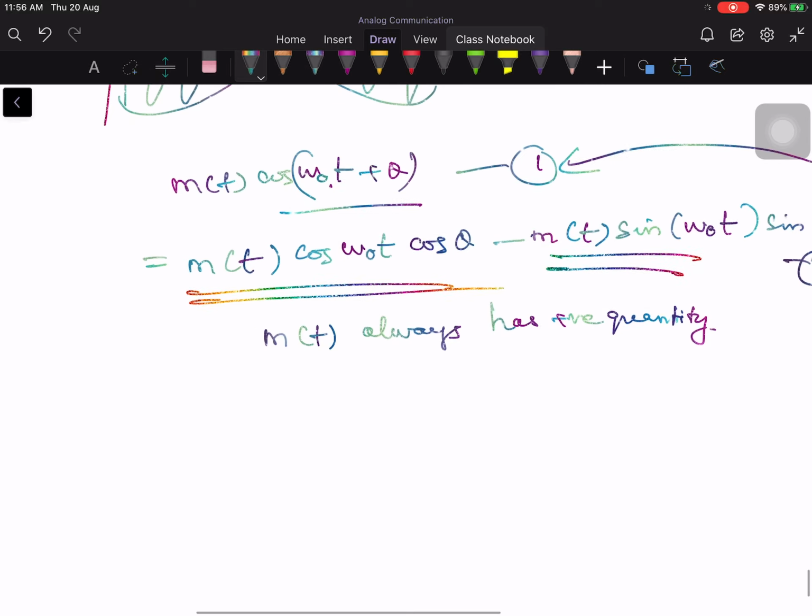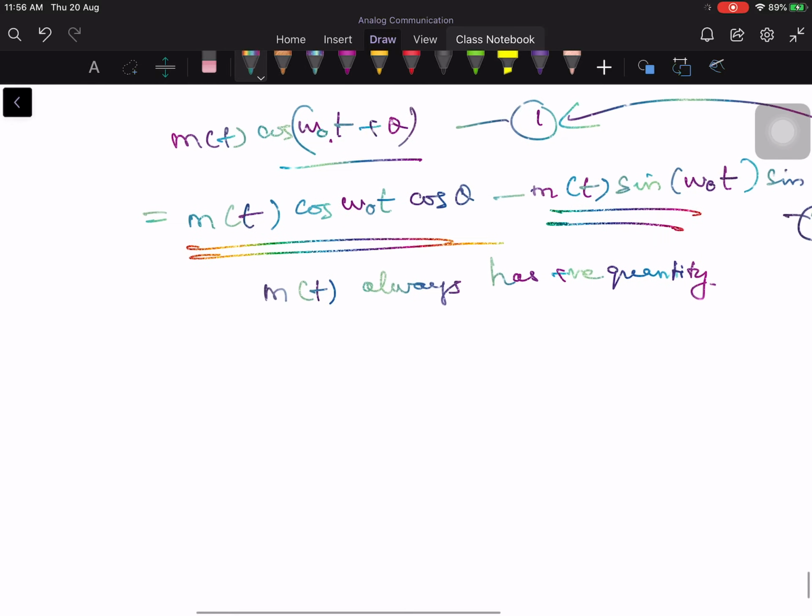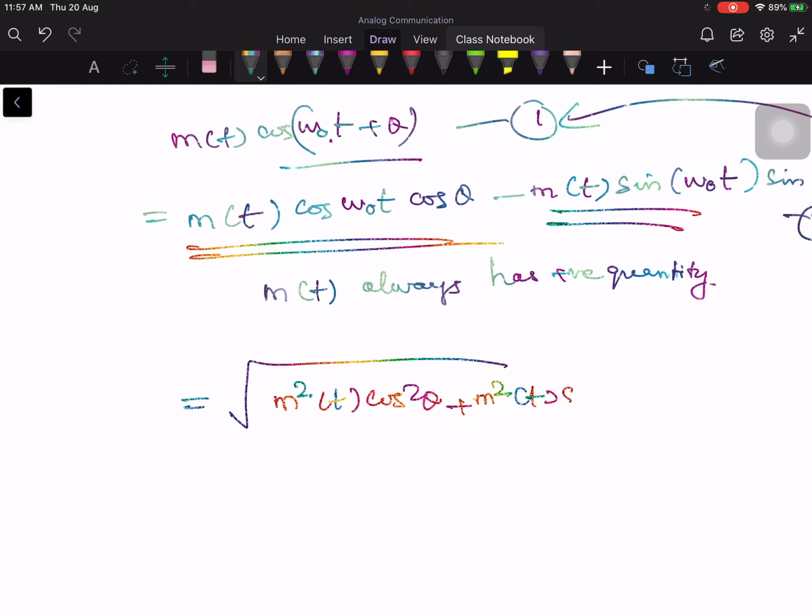So how will you find out this m of t, or the amplitude? It is given by the square root of m square of t times cos square theta plus m square of t times sin square theta. How does this expression come?